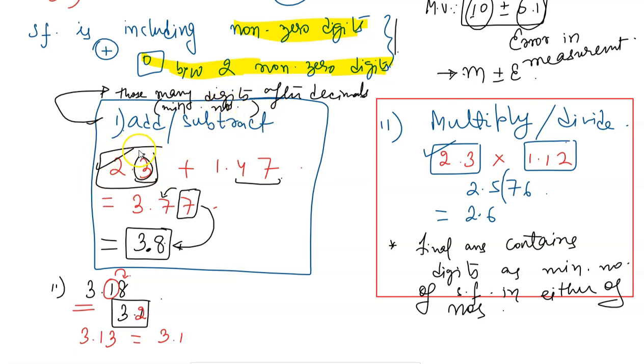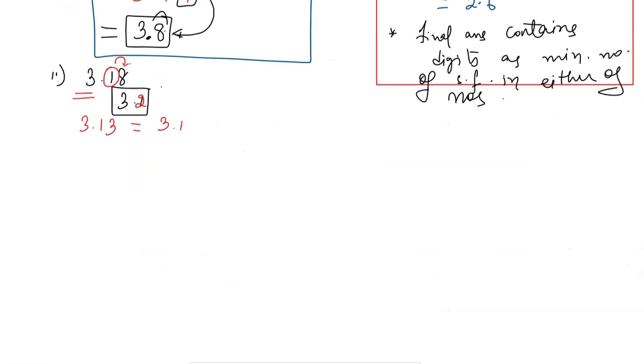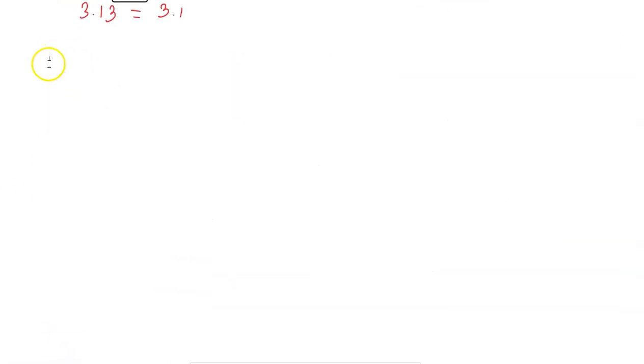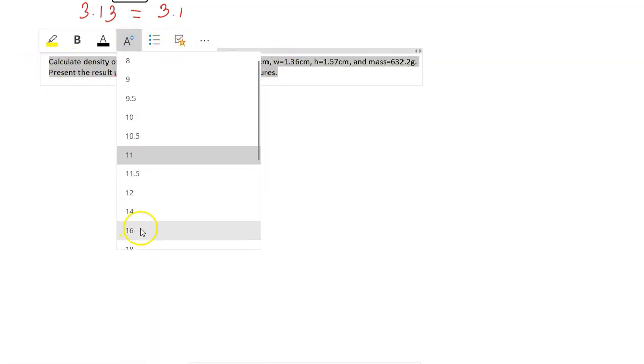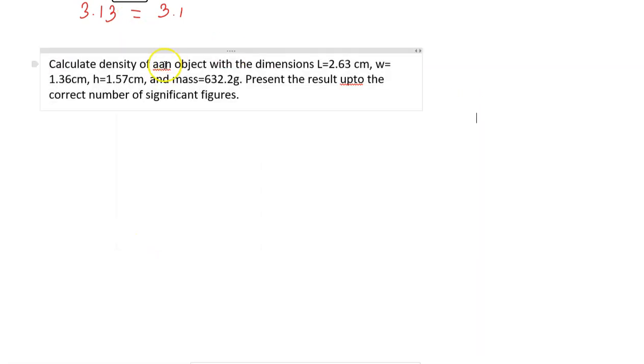Like here you can see there is 1 digit after the decimal, here there are 2 digits after the decimal. So the answer should contain only 1 digit after the decimal. Okay, so a very simple question, this one we will do, and we will take into consideration the significant figures. We will keep that in mind.